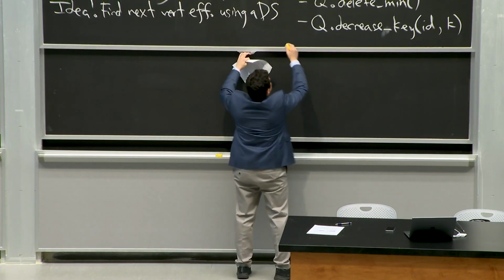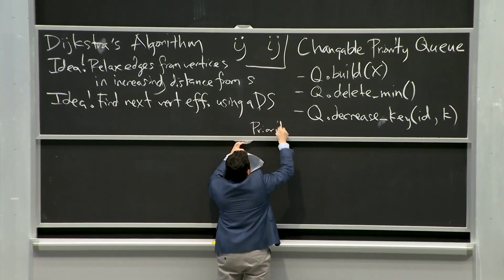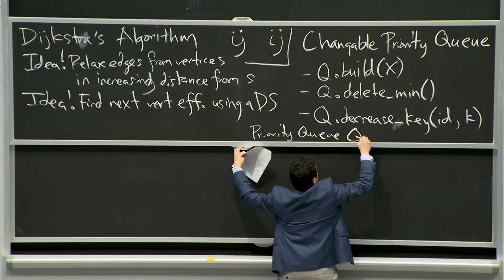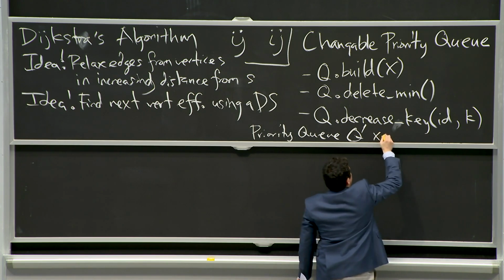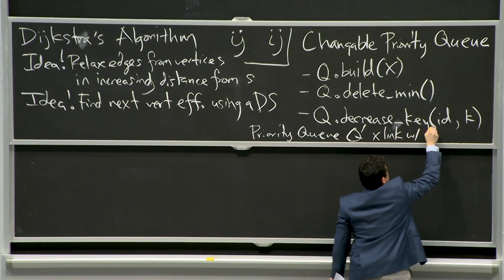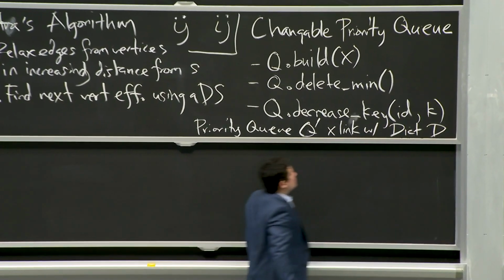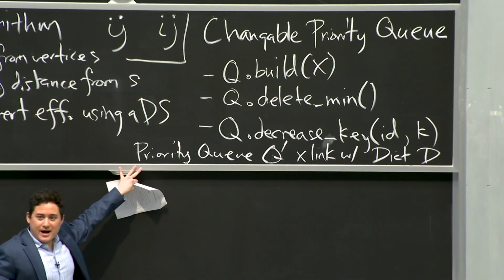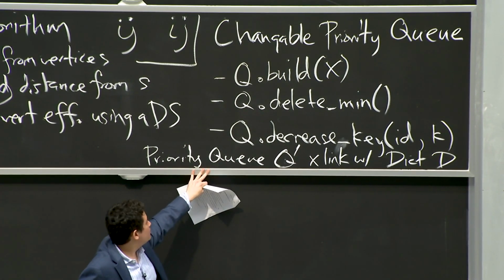Okay? So the idea how to implement this is going to be to use a regular priority queue. I'm going to call it Q prime, and I'm going to cross-link it with a dictionary D. Okay? So this is just a regular priority queue on my items that has the key as defined above, right?